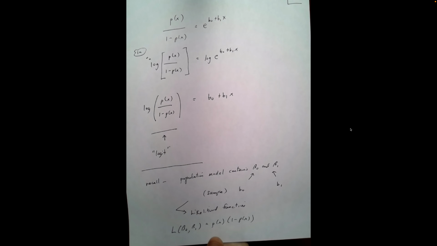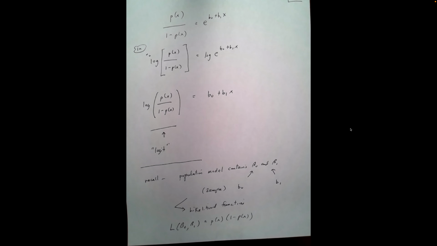This is done through what's called a likelihood function, not a least squares function, as we do with a linear or multiple regression model. We find the values of beta 0, beta 1 which optimize this maximum likelihood function.